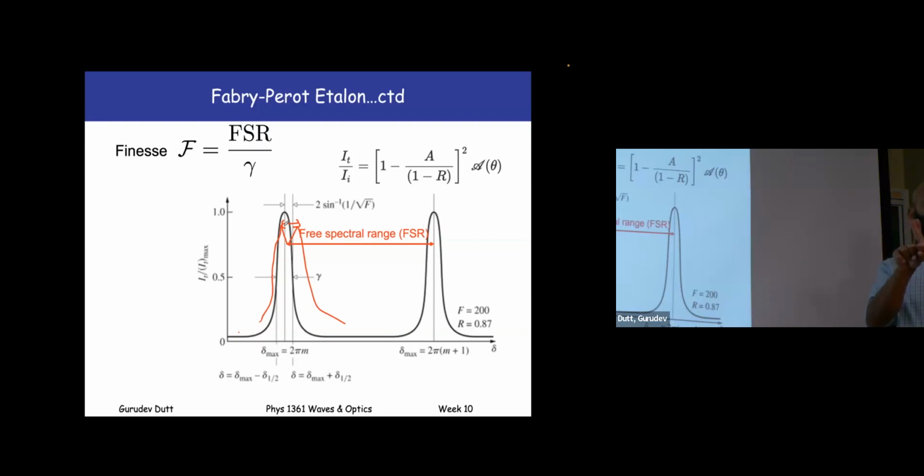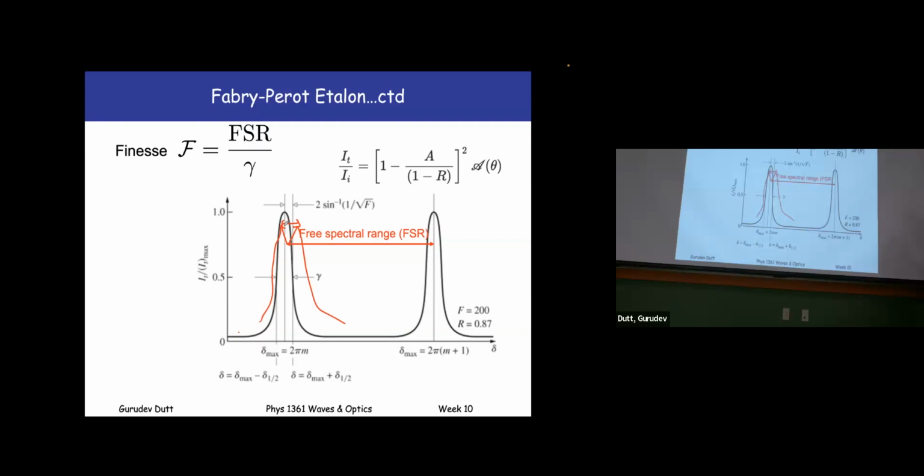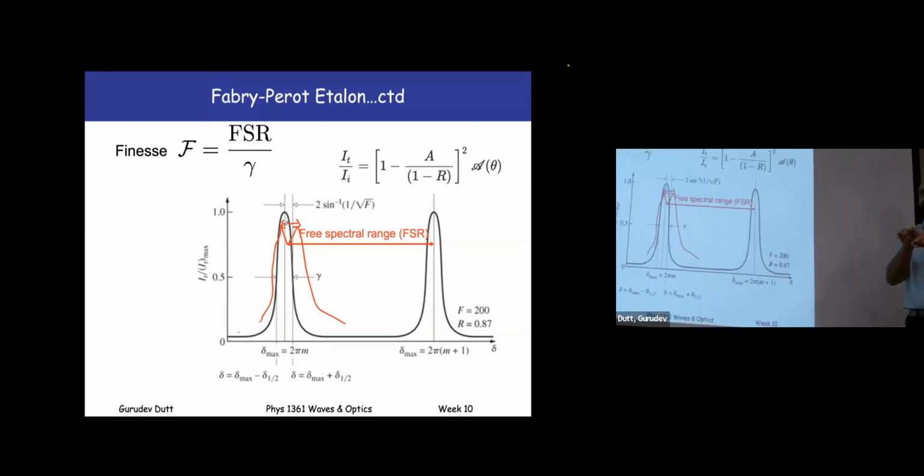You have two peaks, and as soon as the separation becomes greater than a line width, the width of this peak here, they become resolvable. That's one criterion that one can make. Of course, nowadays with modern technology, with computers and so on, you can get the data and fit it, and make that resolution much better by using fitting parameters. You can ask how good it has to be to know the separation.